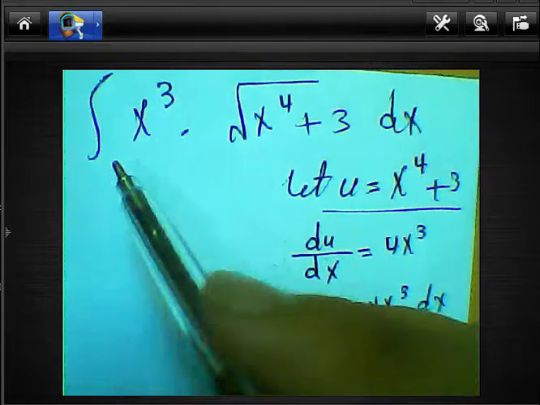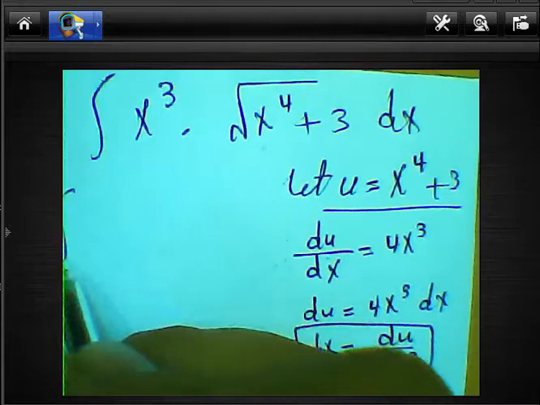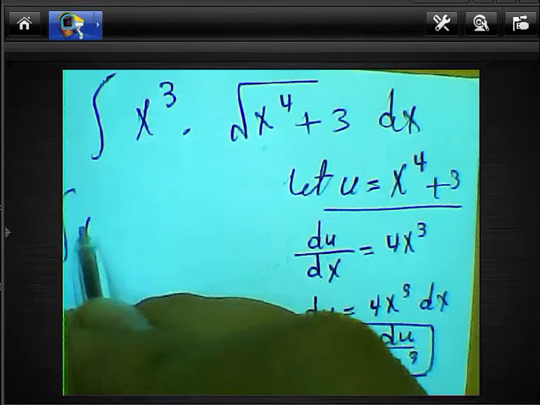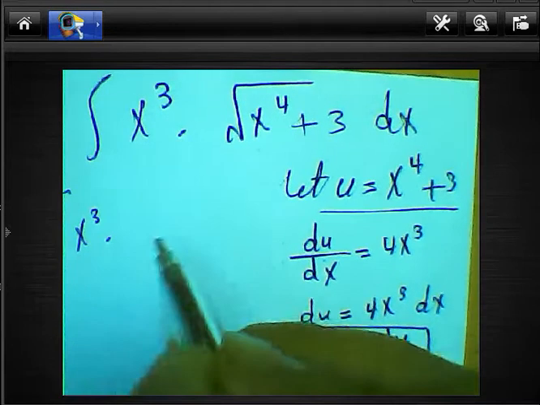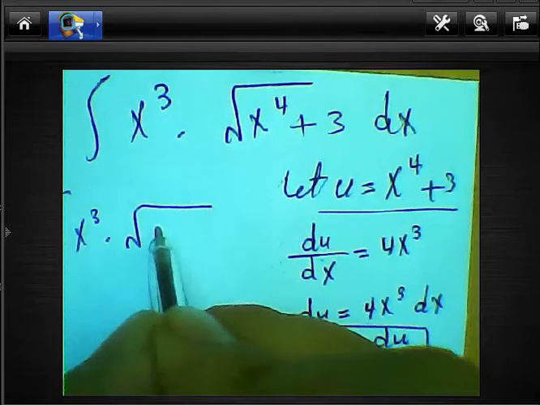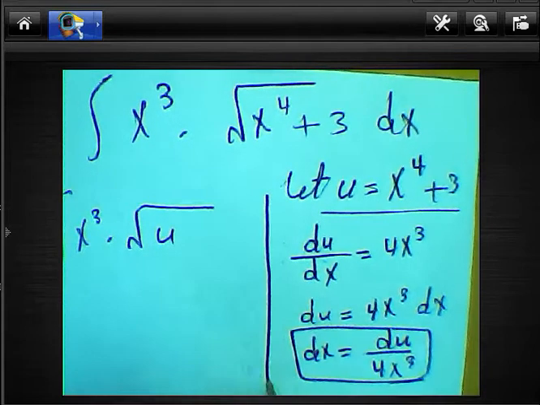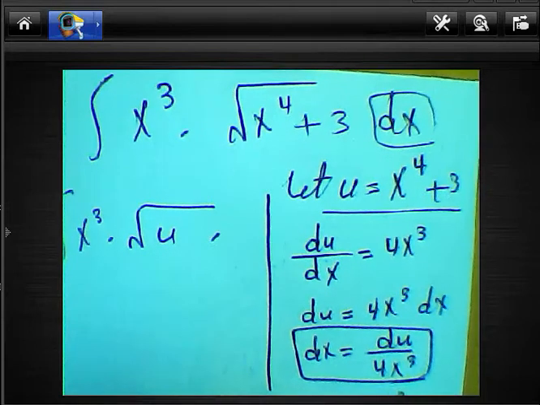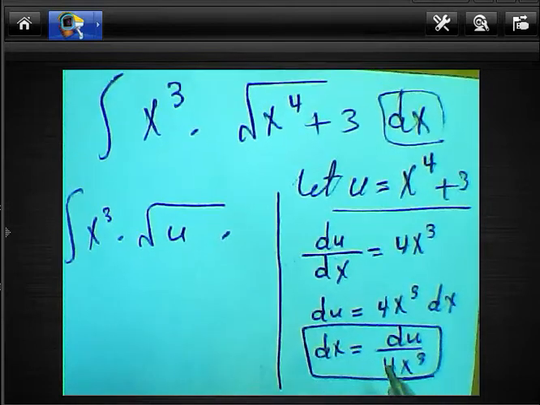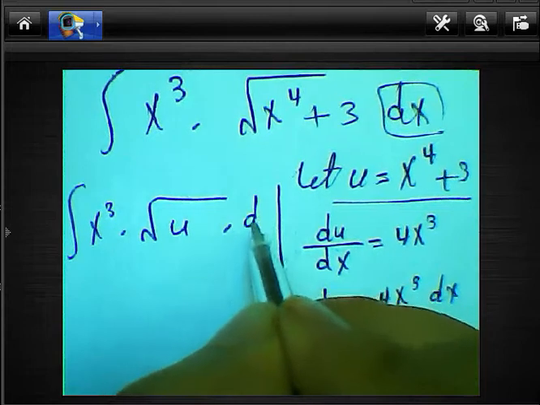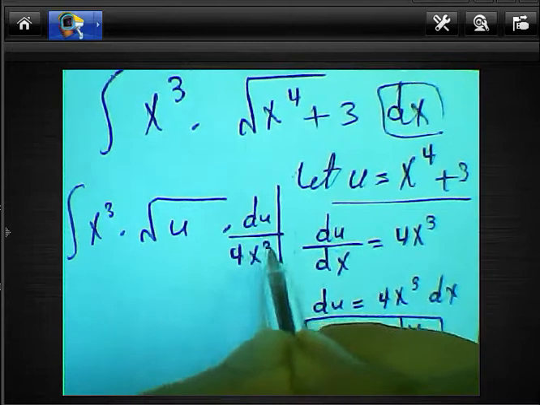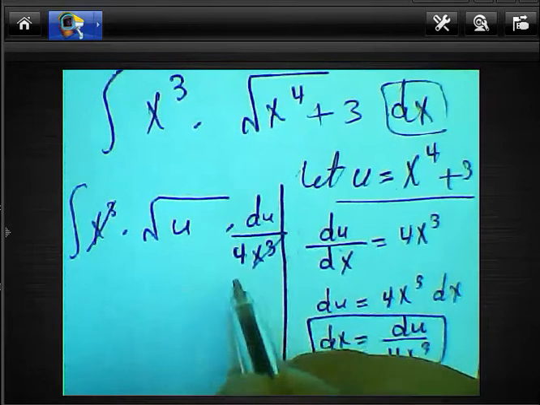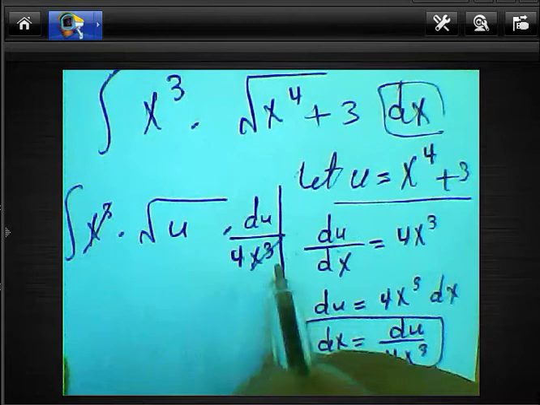We can simplify the integration of this function: write x power 3 here times the square root of u, times dx. We can cancel and write du over 4x power 3, and cancel x power 3 by x power 3.